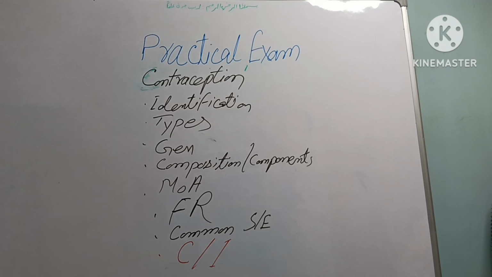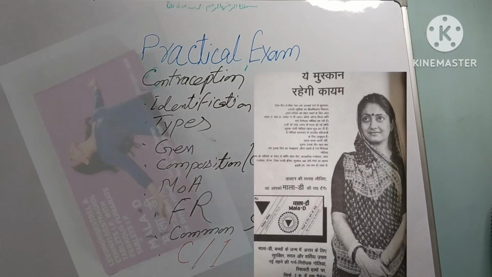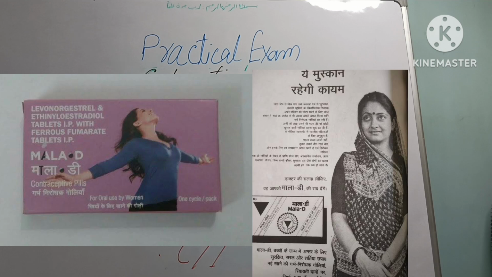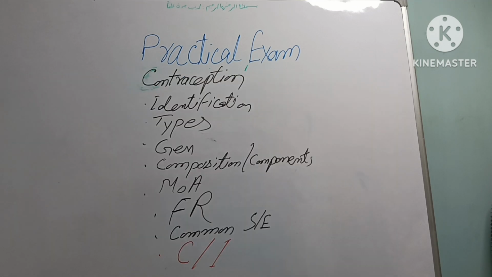Then what is the composition or component of the contraceptive? Just like if in a spot there is Mala D or N asked, it has ethinyl estradiol and levonorgestrel. The component or composition may be asked.